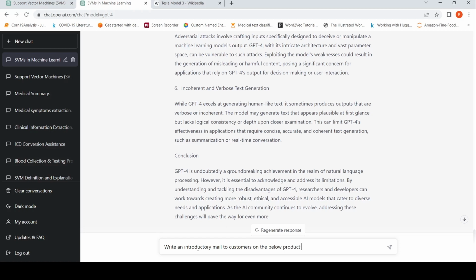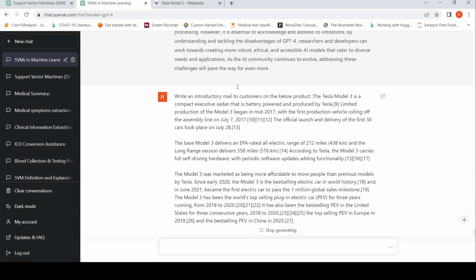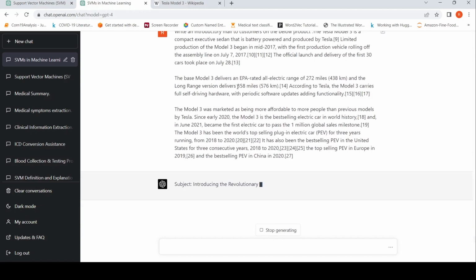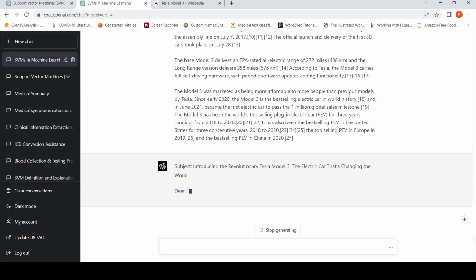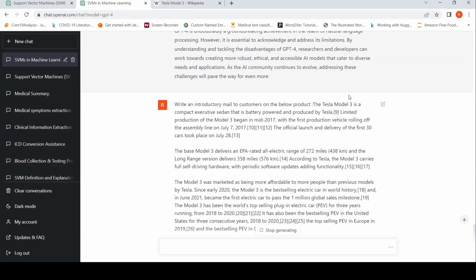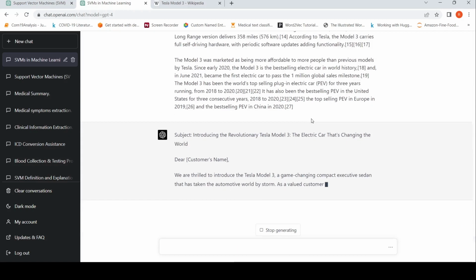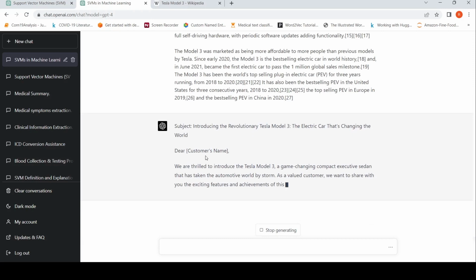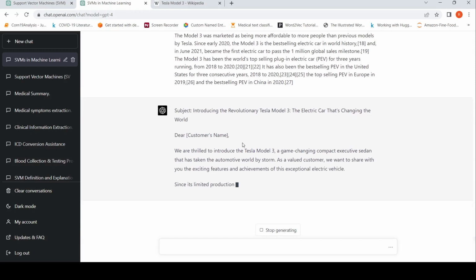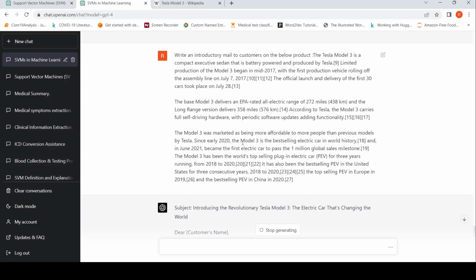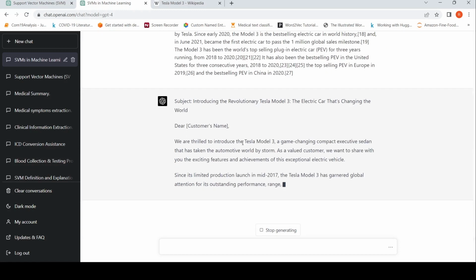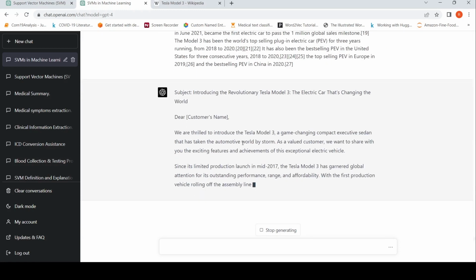Okay, so it creates a subject: Introducing the revolutionary Tesla Model 3, the electric car that's changing the world. Okay. Dear customer's name, the template. We are thrilled to introduce the Tesla Model 3, a game-changing compact sedan that has taken the automotive world by storm. As a valued customer, we want to share with you the exciting features and achievements of this exceptional electric vehicle.